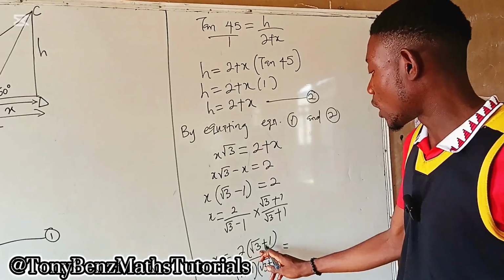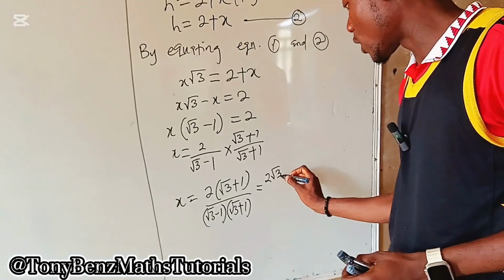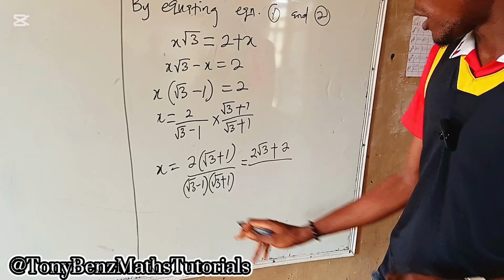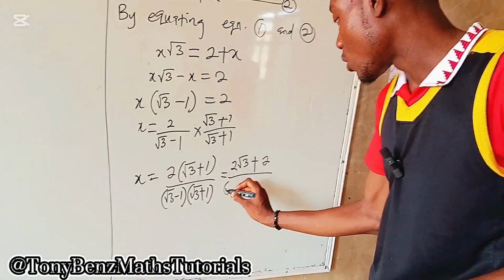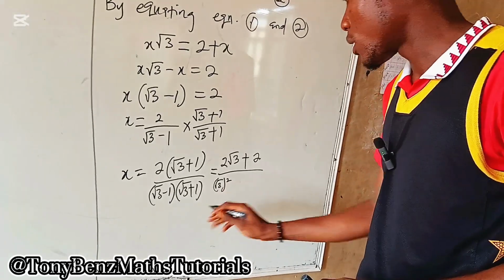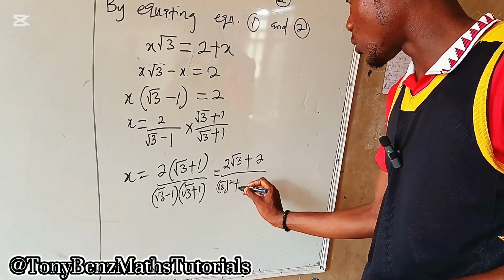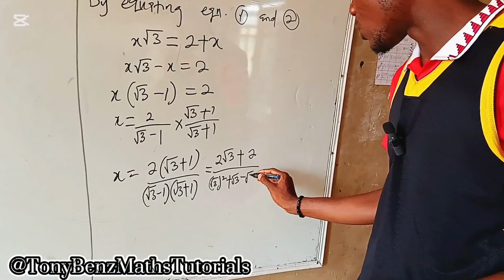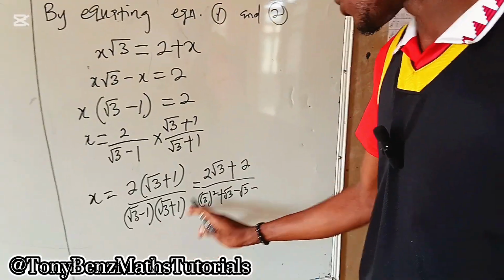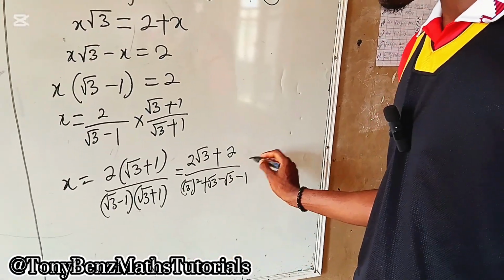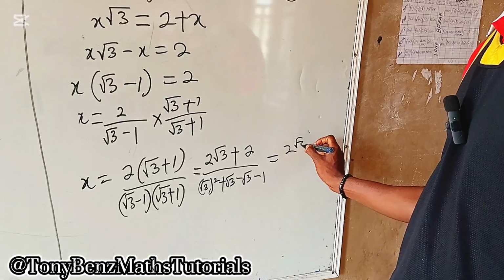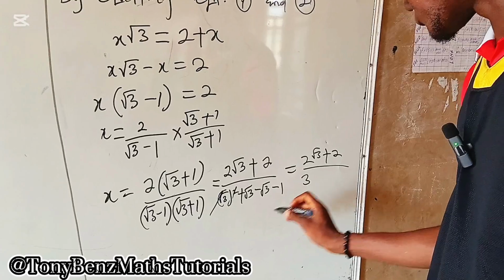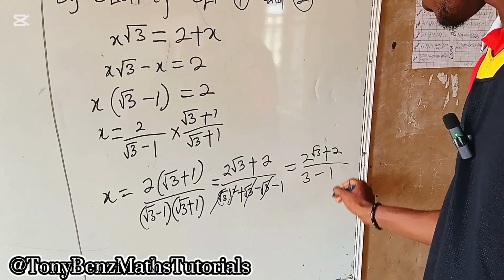That is 2 root 3 plus 2, all over root 3 all squared, which is 3, minus 1.